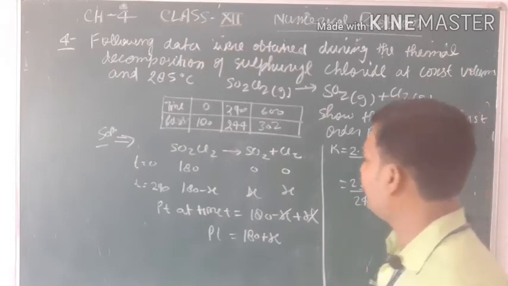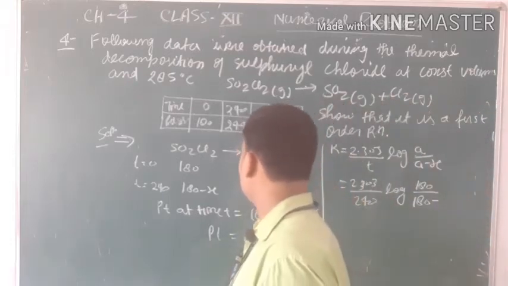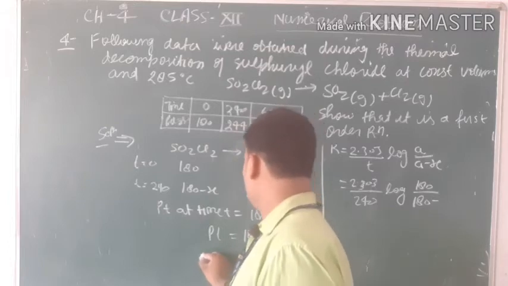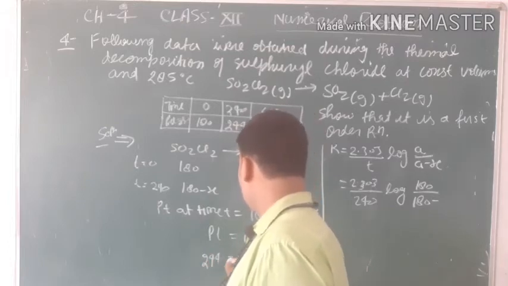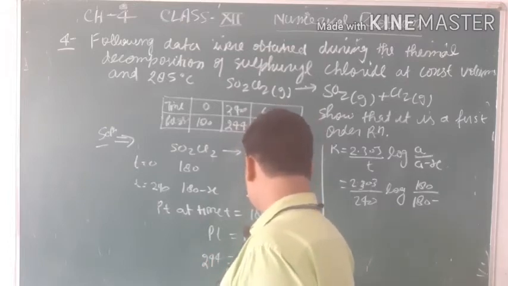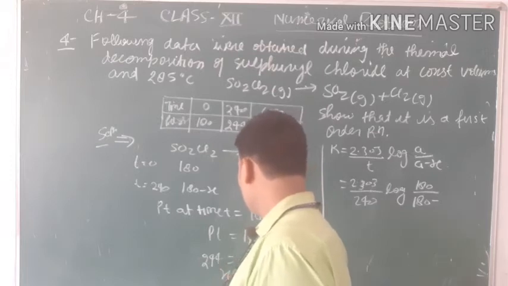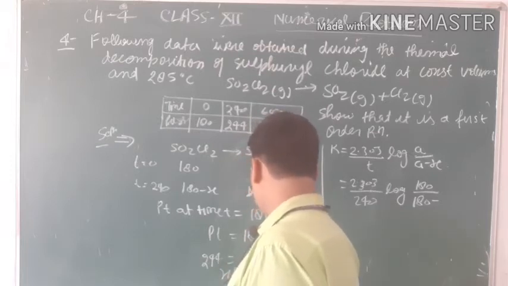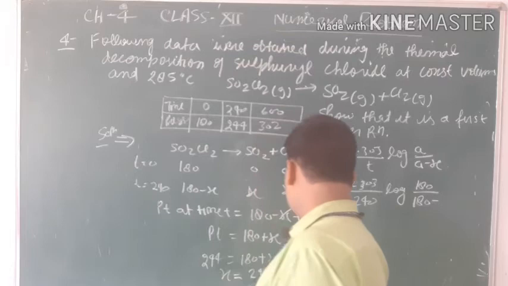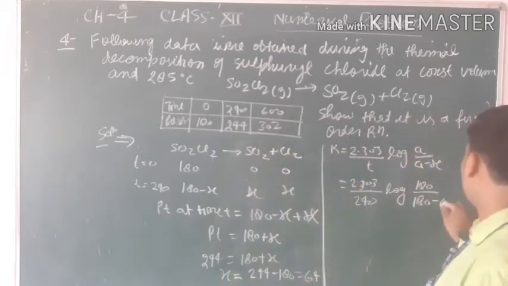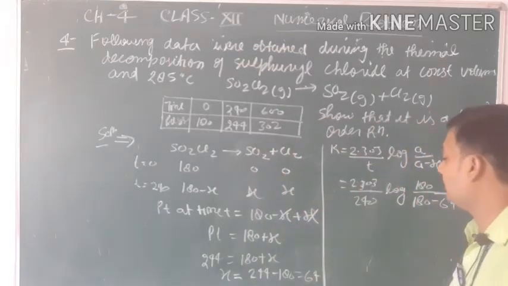So what is the value of x? Here the pressure Pt is equal to 244, 180 plus x. So x is equal to 244 minus 180, that is 64.